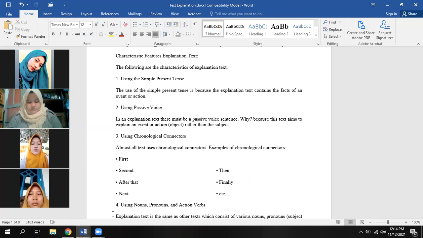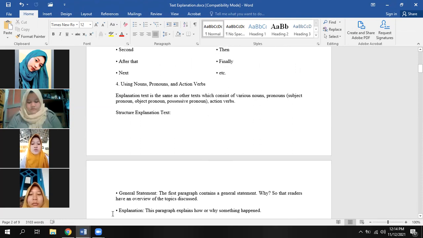Fourth, using nouns, pronouns, and action verbs. Explanation text is the same as other text, which consists of various nouns, pronouns or subject pronouns, object pronouns, possessive pronouns, and action verbs.